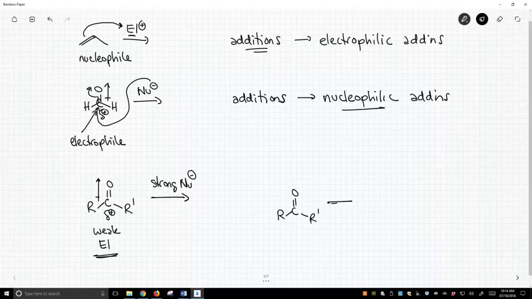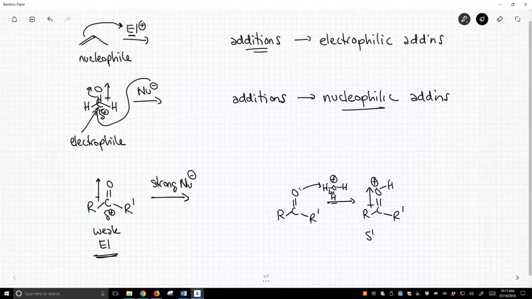There's another thing that we will do, and this will be later on. We're going to take carbonyl compounds and we're going to react them with some acid. Now I'm just going to show H3O+ here. Strong acids will protonate the carbonyl. And now we've made this carbonyl really electron poor.